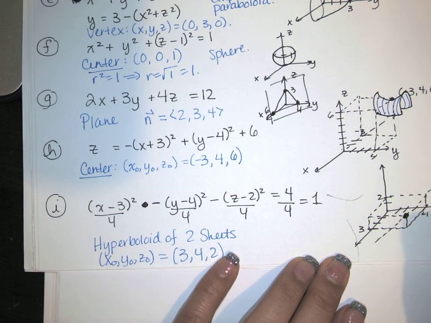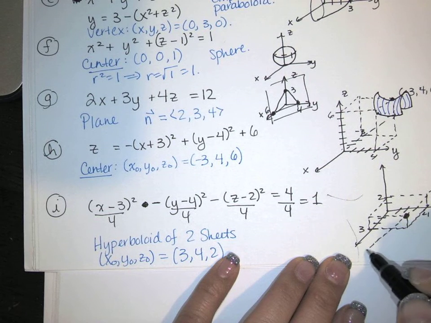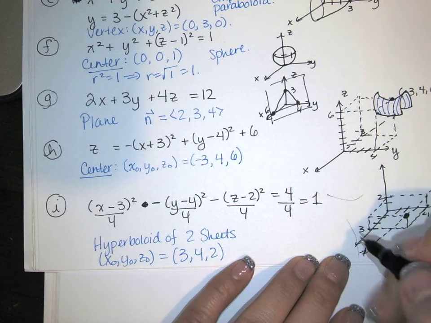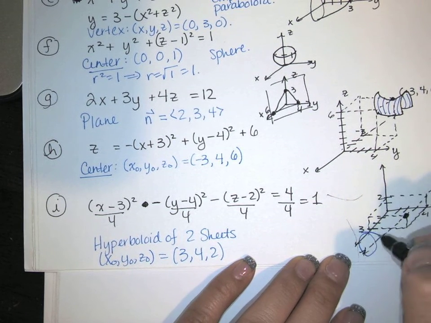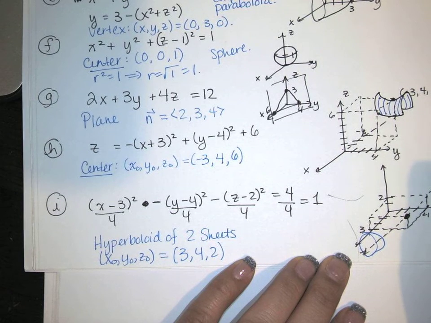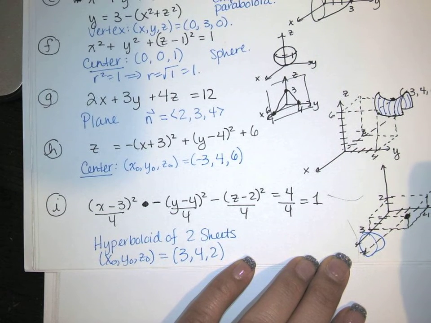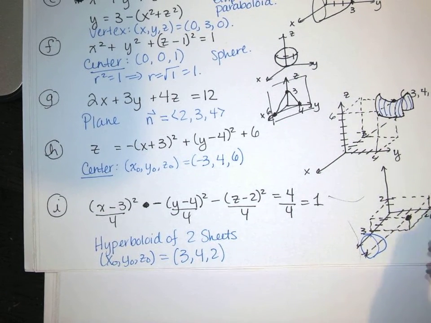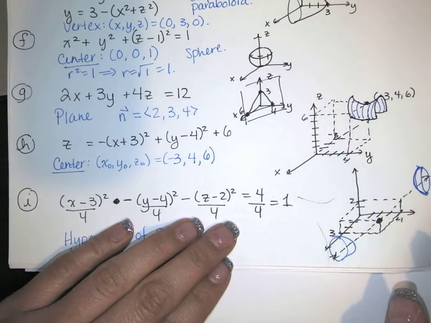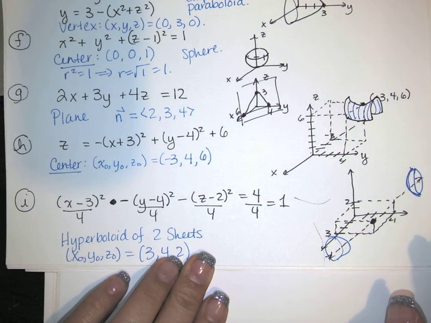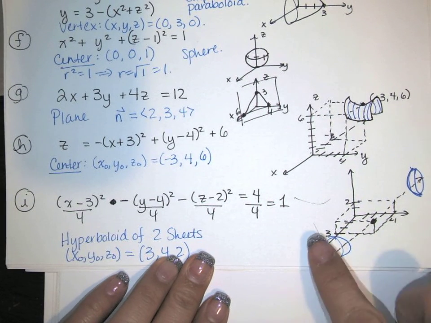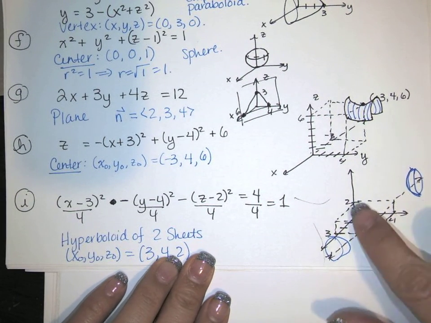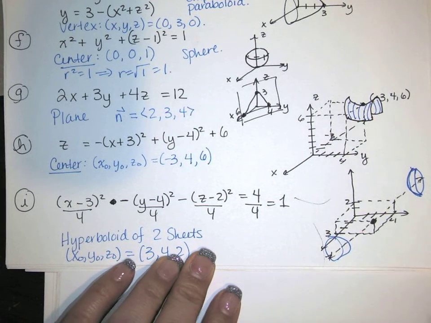So I'm just going to keep extending that in both directions. There's a line right there, just keeps going. Our sheets open around that line. Hard to draw, but I hope you get it. Did I do that right? Yeah, it's on this line right here, which is parallel to the x-axis over here.